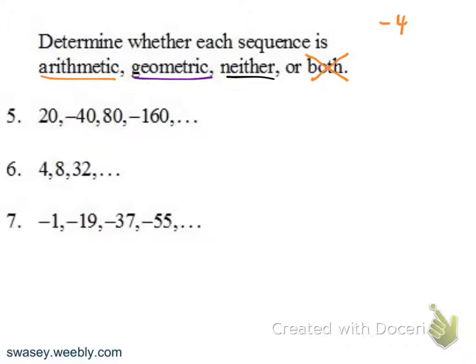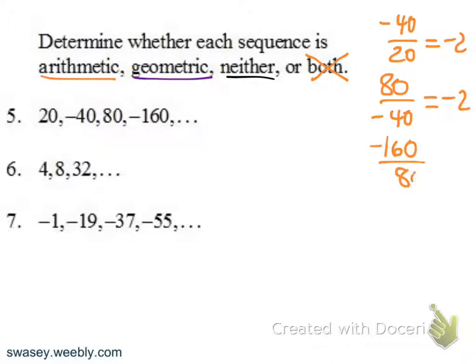Negative 40 divided by 20, we get negative 2. 80 divided by negative 40 is negative 2. And then negative 160 divided by 80 is negative 2.